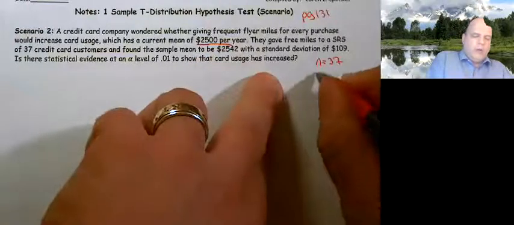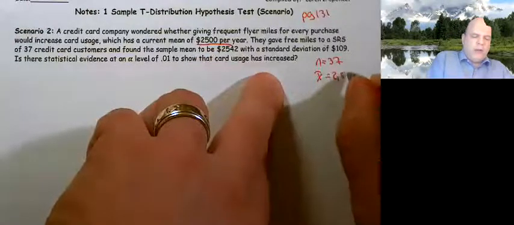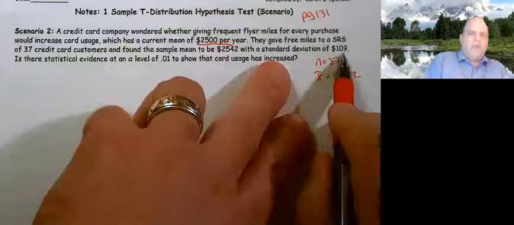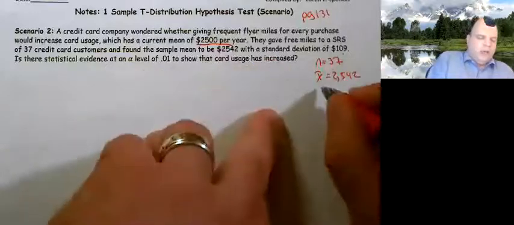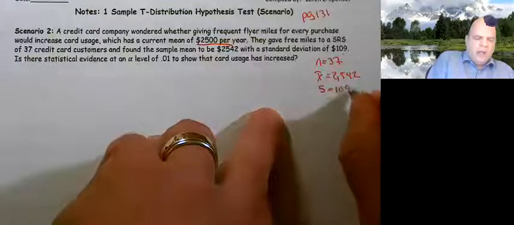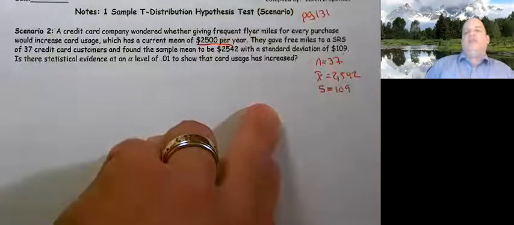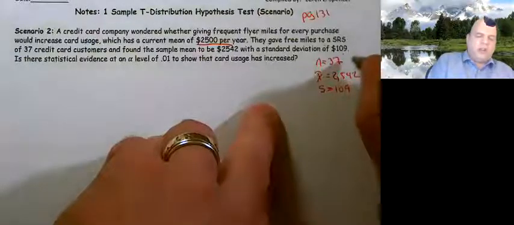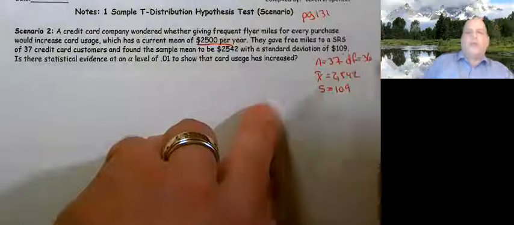So x bar is 2,542 with a standard deviation of 109. So the standard deviation of the sample is 109. Because it's a standard deviation of the sample, we know that we're working with a t statistic. Also, I should note that my degrees of freedom is 36, or n minus 1.